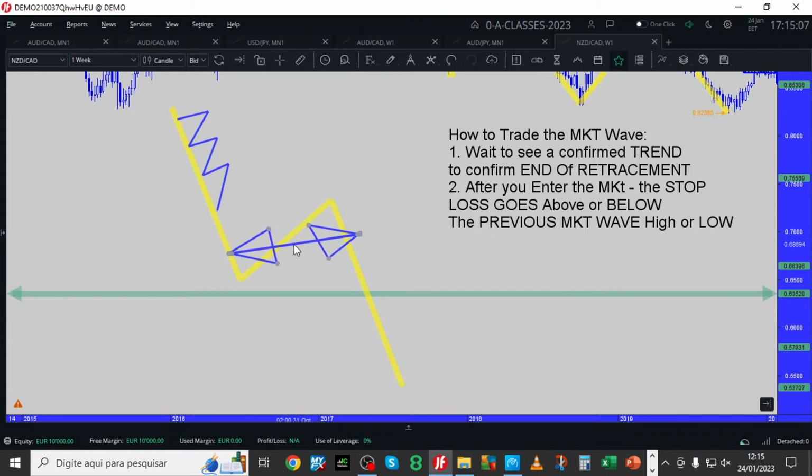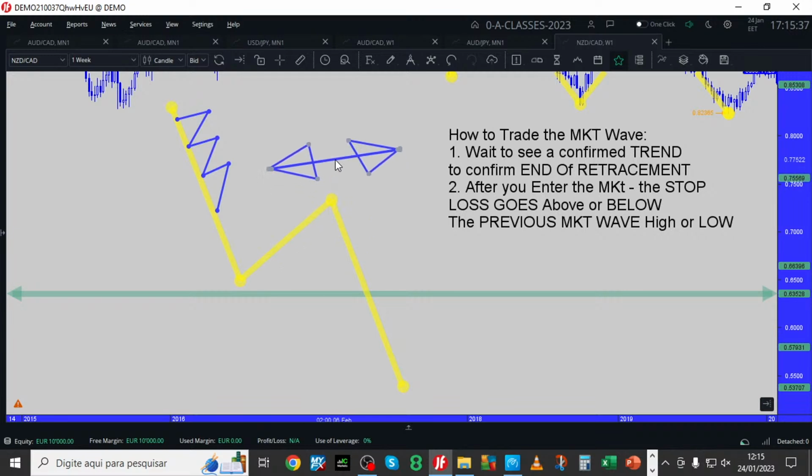If you understand whether this leg is an extension leg or a retracement leg, then you are going to understand where you need to see the end of retracement. Is this the extension leg or is this a retracement leg?